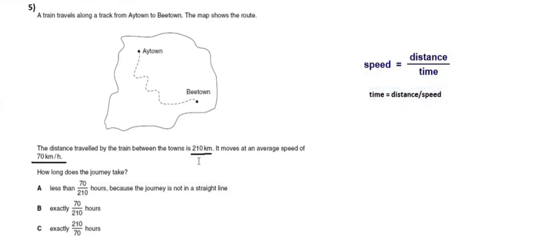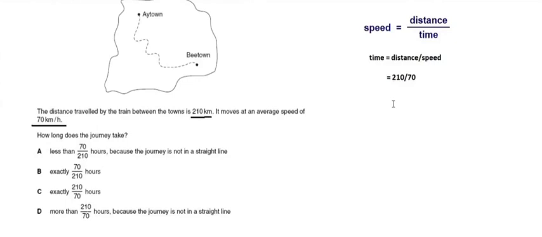It is given as 210 kilometers, and speed is 70. The time will be in hours, because this is kilometer per hour. Kilometer and kilometer cancel from numerator and denominator, only hours will remain.